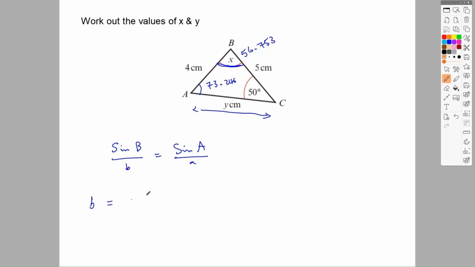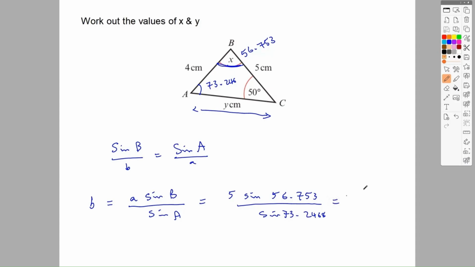So b equals a sine B over sine A. That equals 5 sine 56.753 over sine 73.2468, which equals 4.37 centimeters.